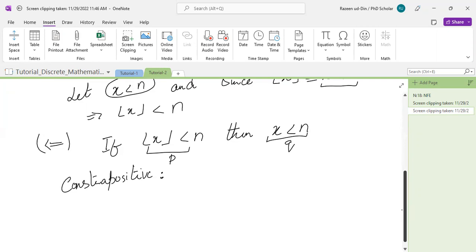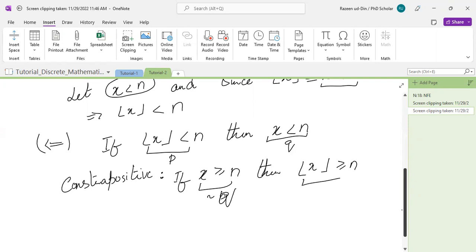So negation Q, which is x is greater than or equal to n, then floor of x is greater than or equal to n. So this is the contrapositive statement. This is negation Q, and negation P.